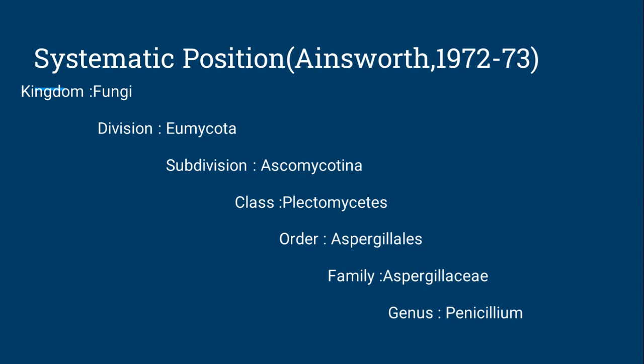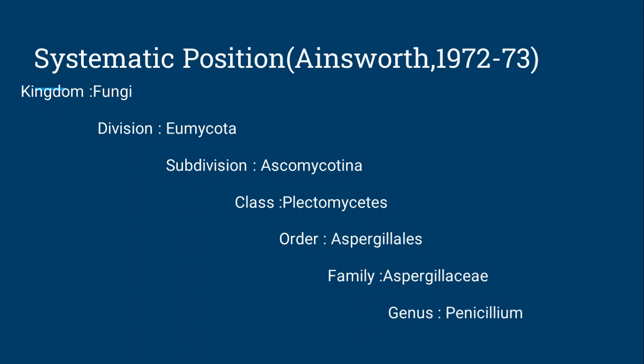Now the classification. The system of classification which I have followed in this video is based on the classification system proposed by Ainsworth in 1972-73. Ainsworth divided the fungi into a kingdom, that is the fungal kingdom.